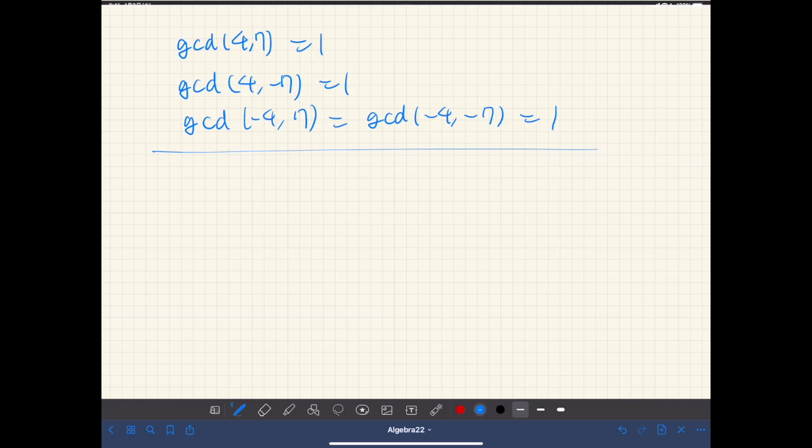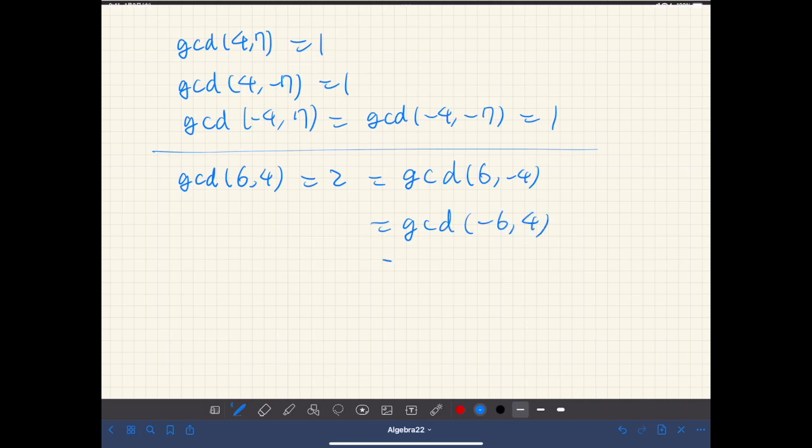Another example: the greatest common divisor of 6 and 4 is 2. That is the same as the GCD of 6 and negative 4, of negative 6 and 4, and of negative 6 and negative 4. So the greatest common divisor of all these pairs of integers is 2.